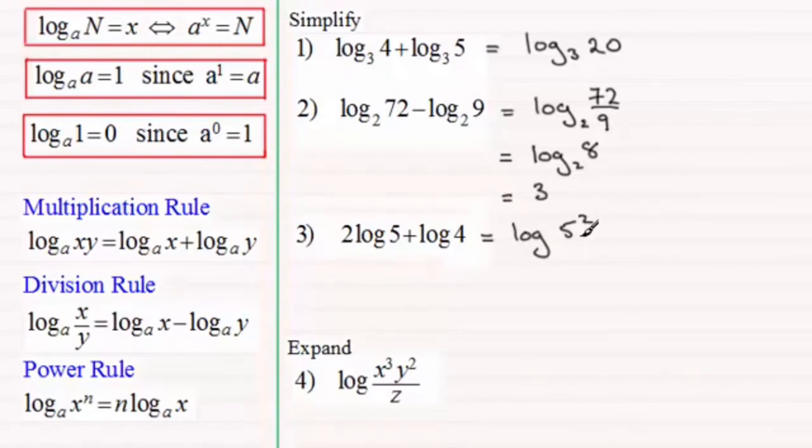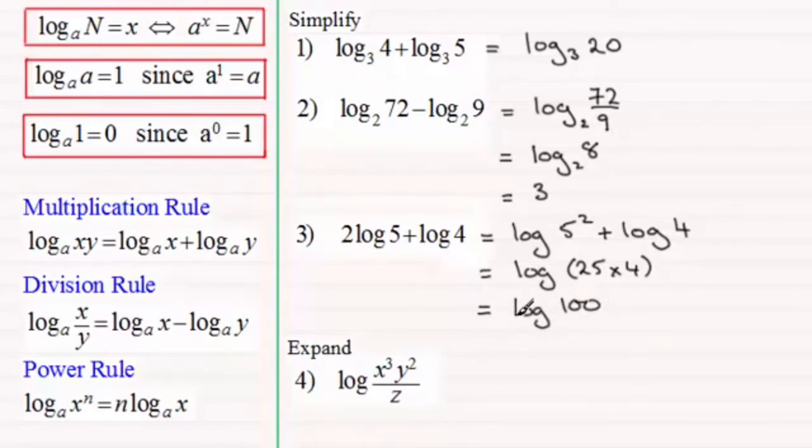So we've got the log of 5 squared in base 10 plus the log then of 4 in base 10. Well, 5 squared is 25, and now we can use the multiplication rule. We can see this as the log of 25 times 4, and this will be in base 10. So we've got the log of 100 in base 10. And this is an exact result. You have to raise 10 to the power 2 to get 100. 10 squared is 100. So the log of 100 in base 10 is 2.